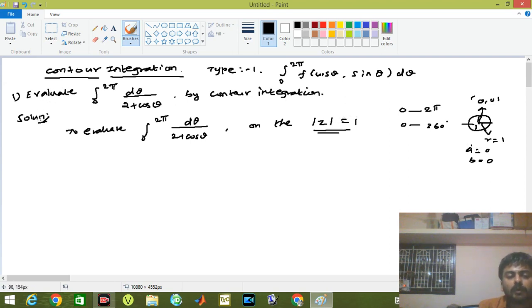Now we have to assume some parameters. The first thing is let z equal to e power i theta.